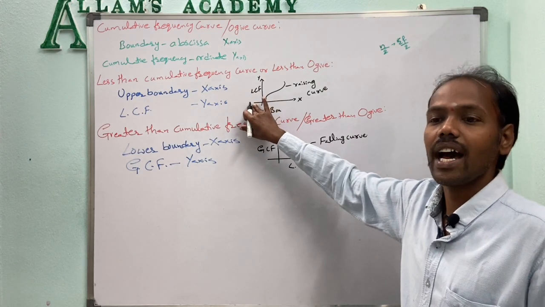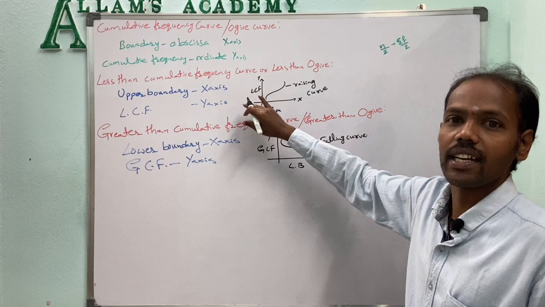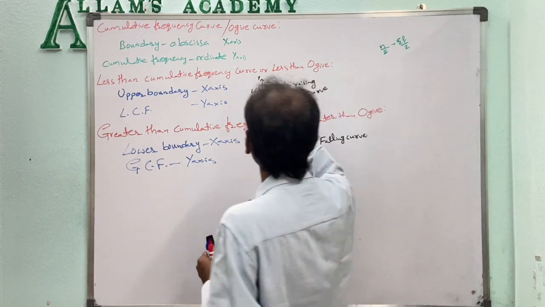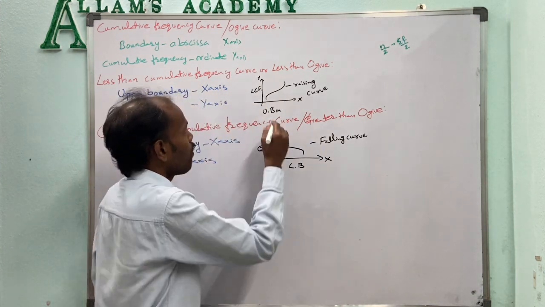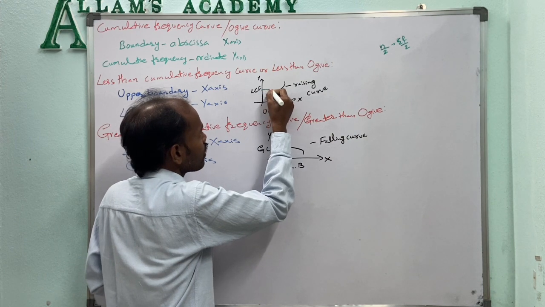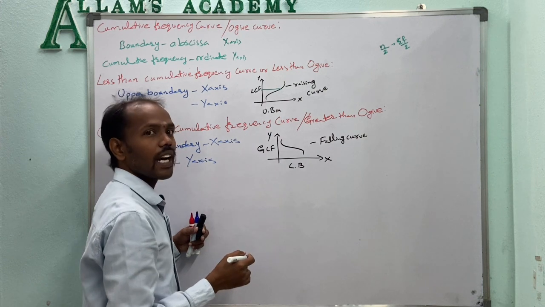Half of that last term gives a value. Locate that value on the y-axis and draw a line parallel to the x-axis on this graph.